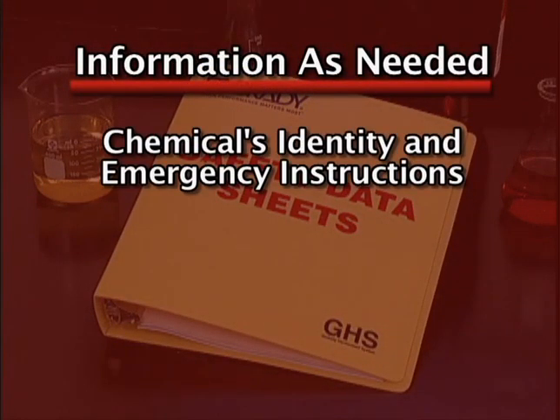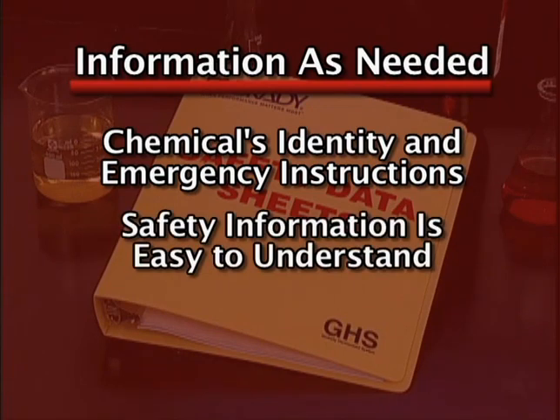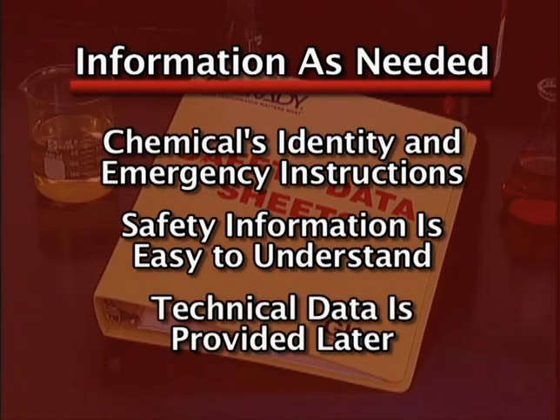The chemical's identity, its hazards, and some emergency instructions are provided up front for quick and easy access. Basic safety information is presented next in easy-to-understand language. Supporting technical data, as well as information for health and safety professionals, is provided later in the SDS.